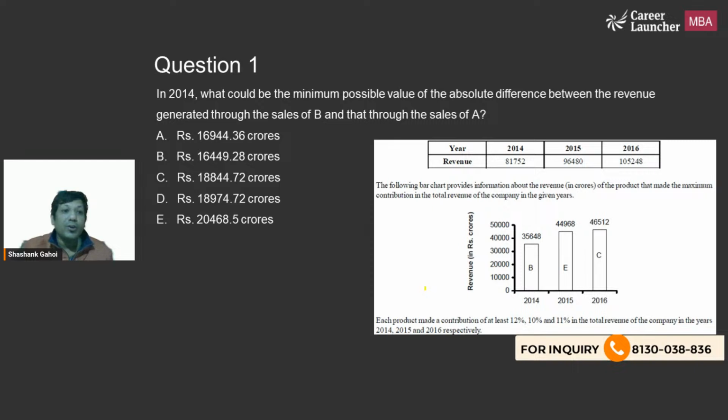So if you look at the options, the first option says close to 16,944. The second option says 16,449. Look at option C, that is 18,844. And option D says 18,974. Right. So do you have a scope of approximation? You don't. You have to calculate the value.